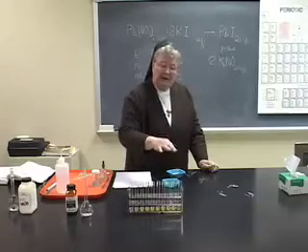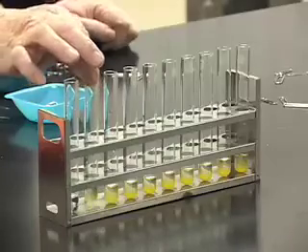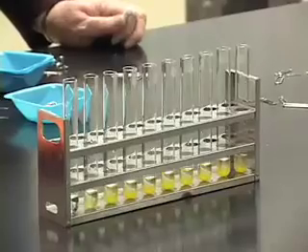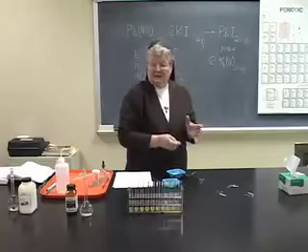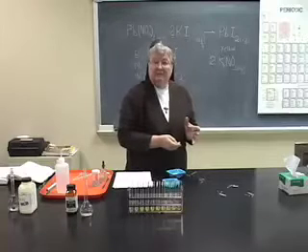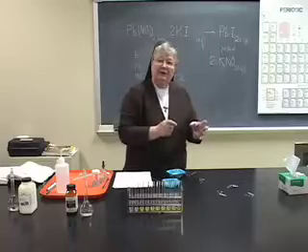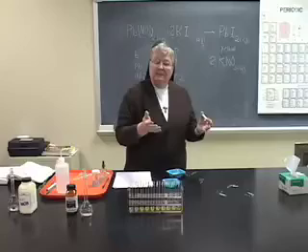And then I went back and added 1 drop of the iodide, 2 drops, 3 drops. When I would get to the 4th test tube, if that were the stoichiometric correct amount, I should get the same amount of precipitate, 1 to 1. See, 4 drops of one and 4 drops of the other. I should have the maximum amount.